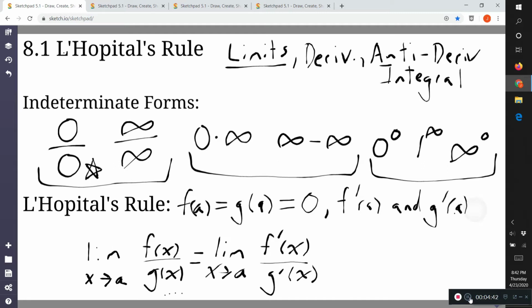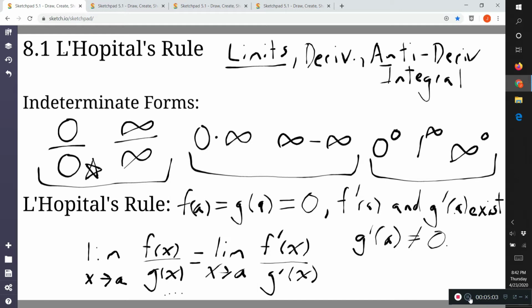Usually if we have learned to do a derivative before, we know that those derivatives do exist. And finally, of course, because we're dealing with a fraction, g prime of a cannot equal 0. If those conditions are met, then this formula holds true.